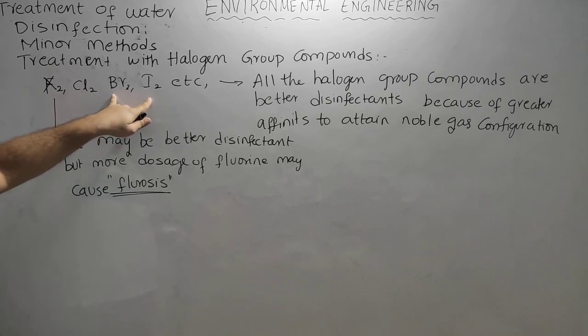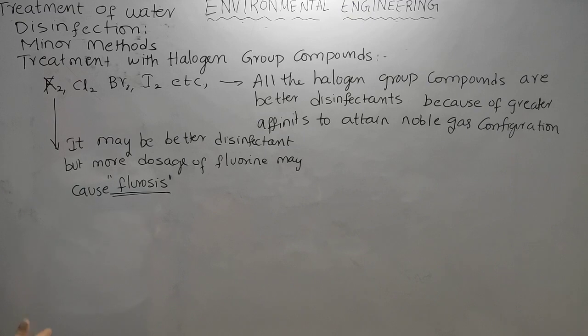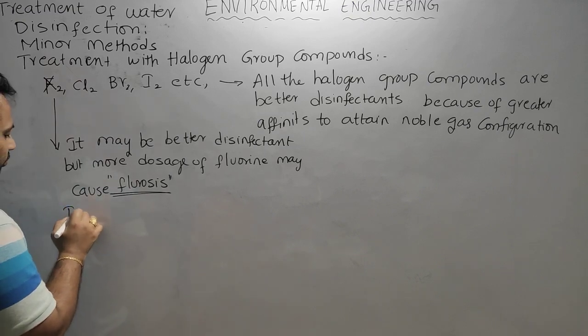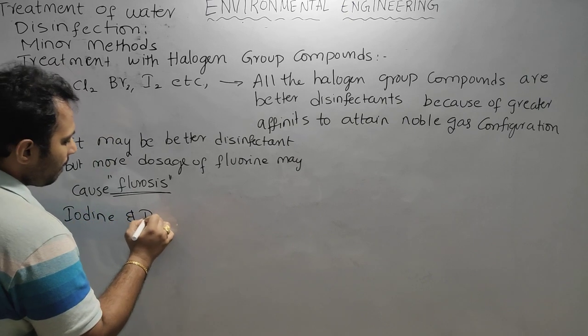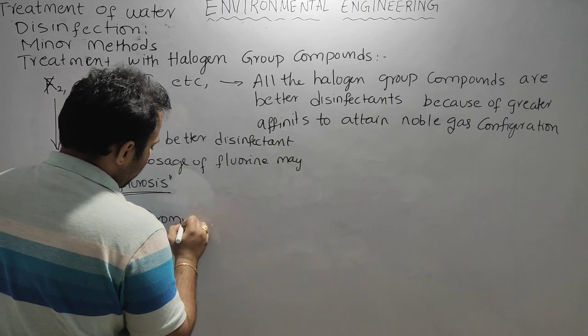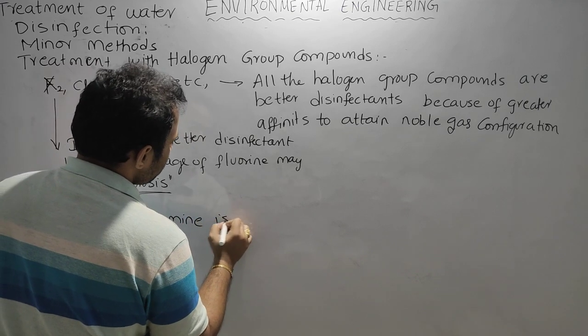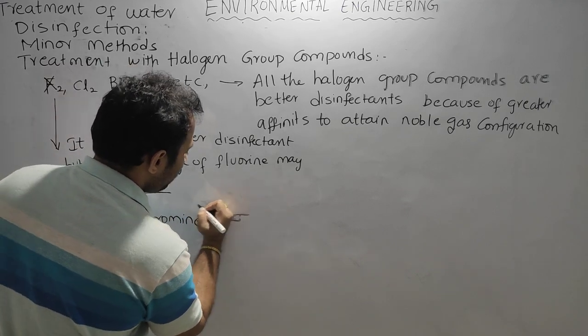Iodine and bromine are also used as disinfectants, in the form of iodine and bromine pills. They are very powerful disinfectants.